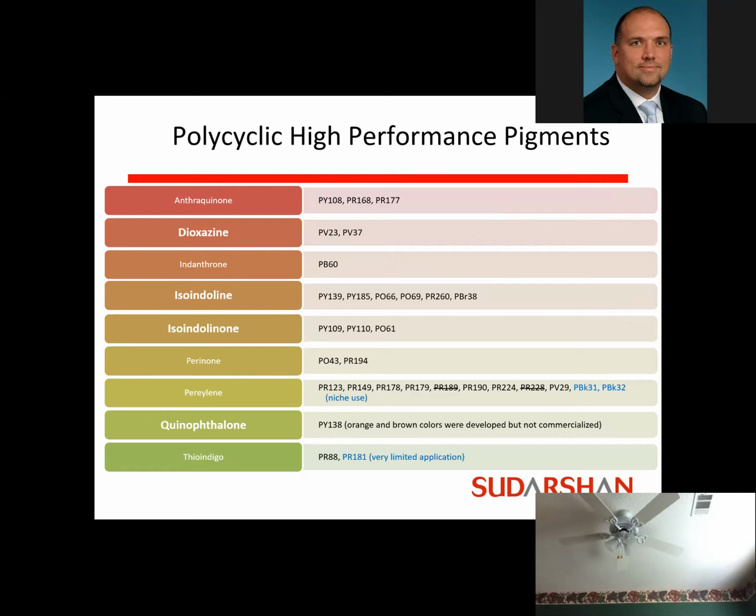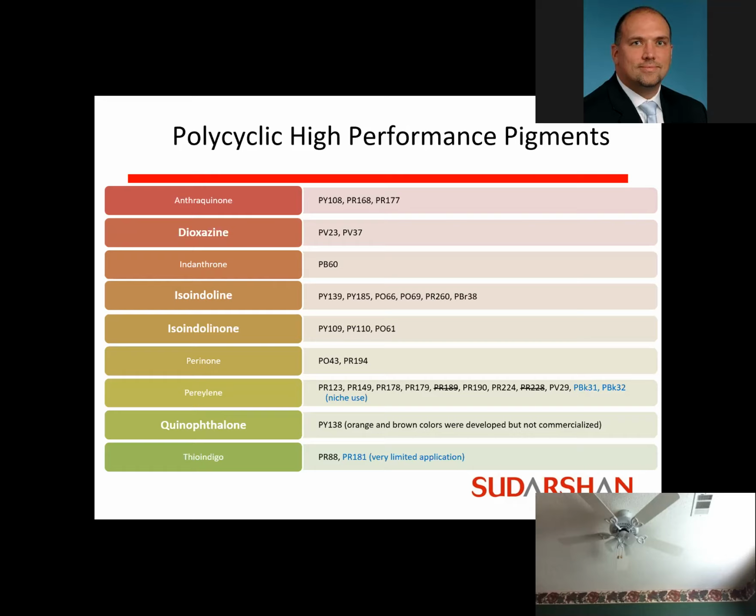So for the anthraquinone, as I mentioned earlier, probably the more relevant one is the red 177. Obviously, with the dioxazine pigment, the pigment violet 23 is the one that makes up the predominant part of this family.